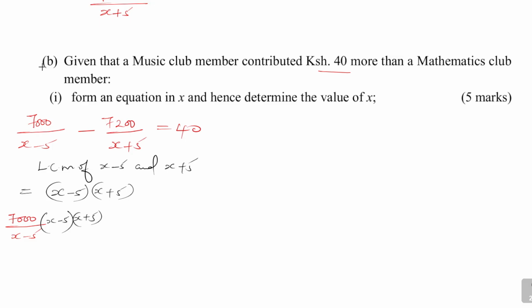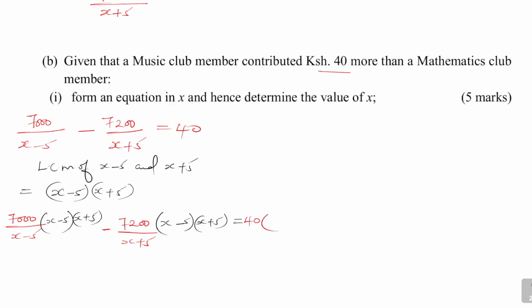And then you have the other one, subtracting 7,200 divided by X plus 5. Again, you multiply that by X minus 5, X plus 5. Each term, you multiply by that. And this should be equal to 40.